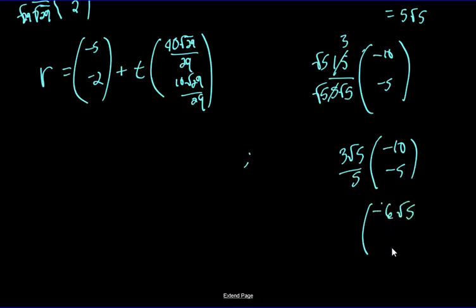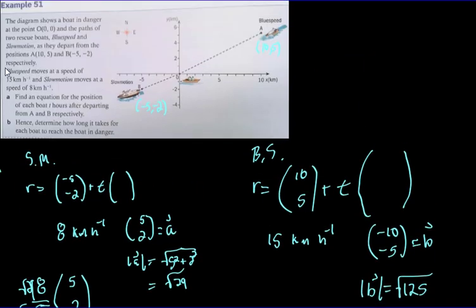And then this times this is just going to be a -3 root 5. So that gives me my scalar. Here's t plus my position that I started at, which was the point 10, 5. Good. And then here is my vector equation for t time of my position of blue speed, and this was slow motion.